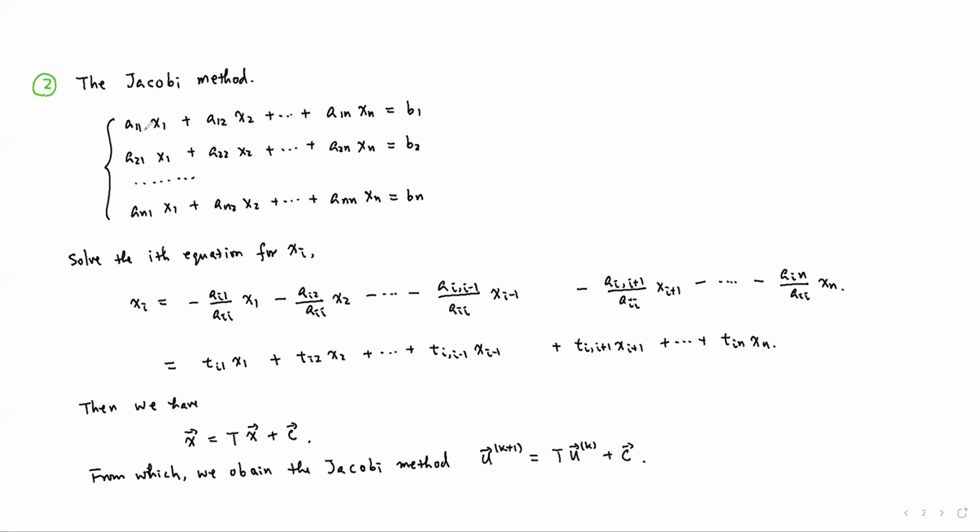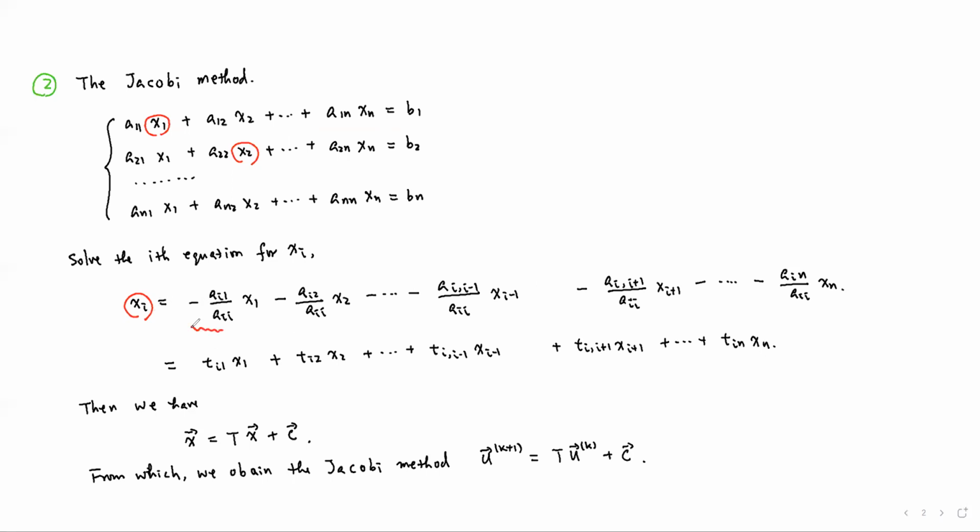Solve the first equation for x1, solve the second equation for x2, and so on. Solve the ith equation, then we get xi. The right side of this equation excludes xi, because xi is now on the left side.